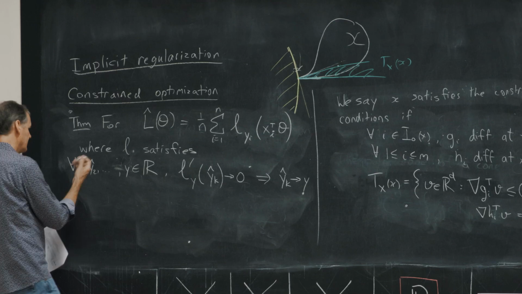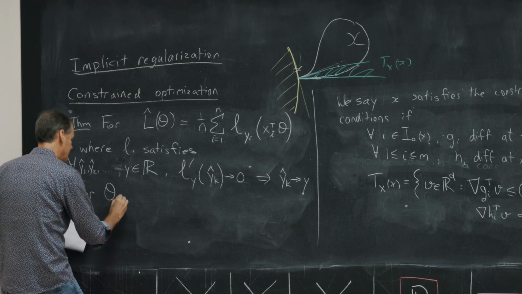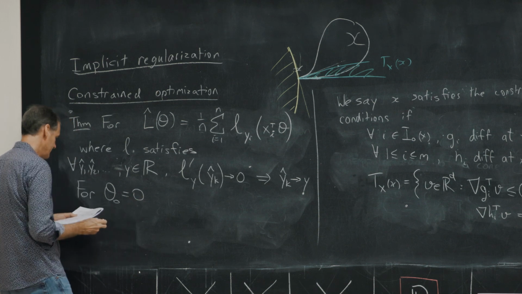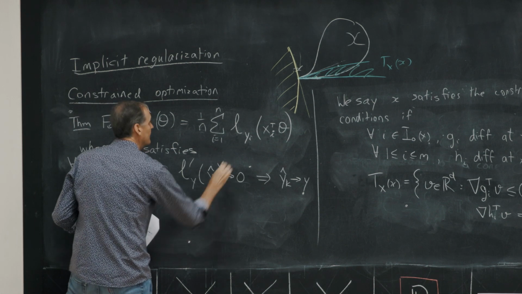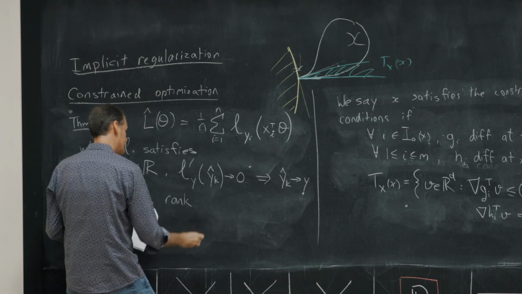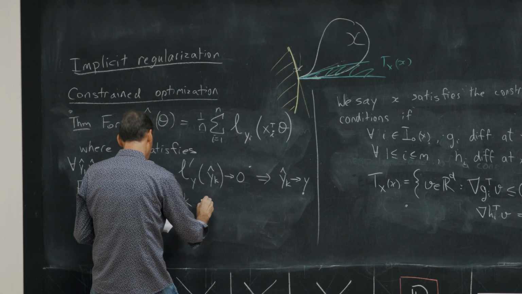And then the condition we had before was that the initialization of our gradient method was at 0, and our data matrix, the matrix with all of these n rows xi, has rank n.